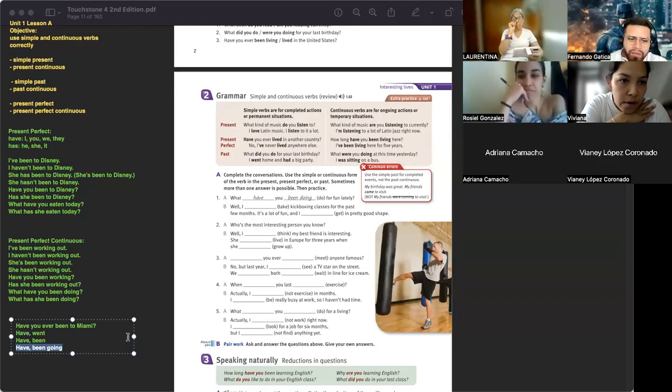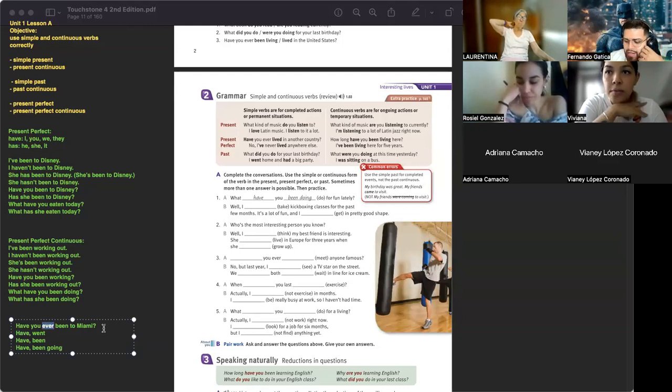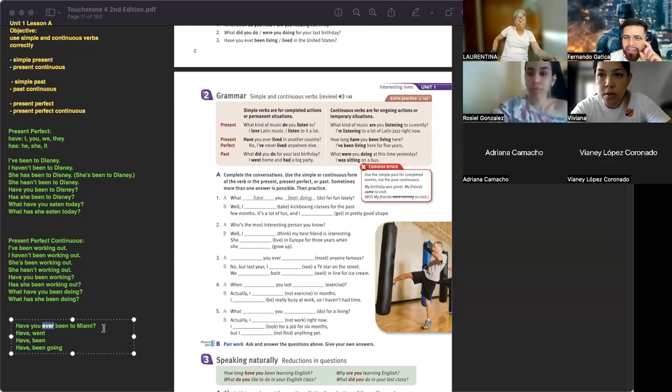Well, let me explain. So the word ever means forever, in all your life, in entirety. And the continuous forms are temporary. Remember that. The continuous forms are temporary and ever is a permanent expression.